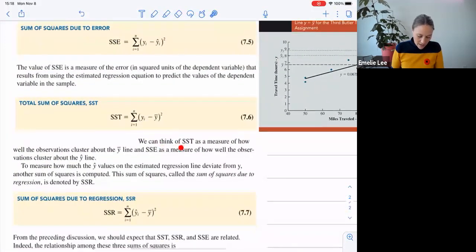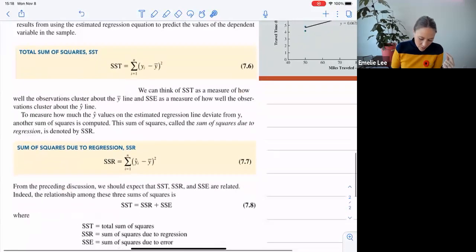It's the same idea, but now we're thinking about how far from the y bar line the points are, and then the SSE is how far from the y hat line these points are. Then we want to talk about the sums of squares due to regression, which is different, because now I have a predicted value of y.